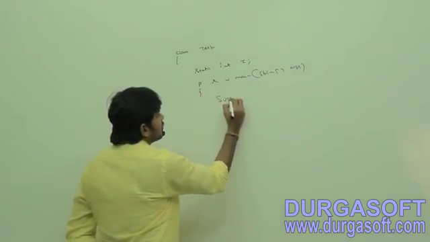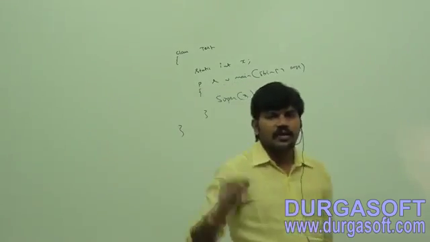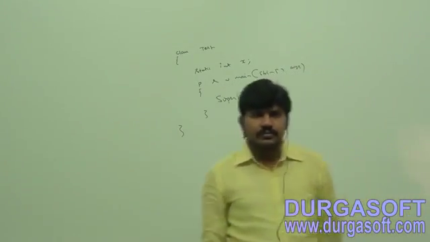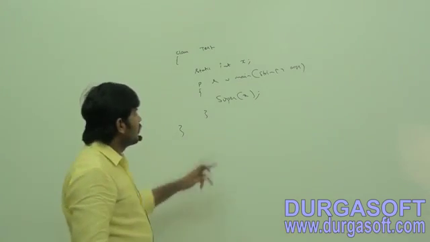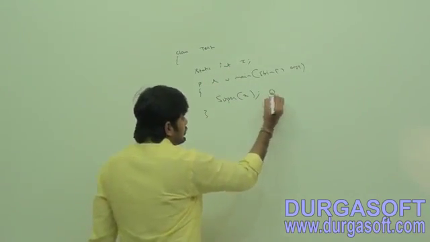Directly I am taking System.out.println of x. Can you tell what the answer is? Static int x, SOP of x. What is the answer? Make sure it is 0.